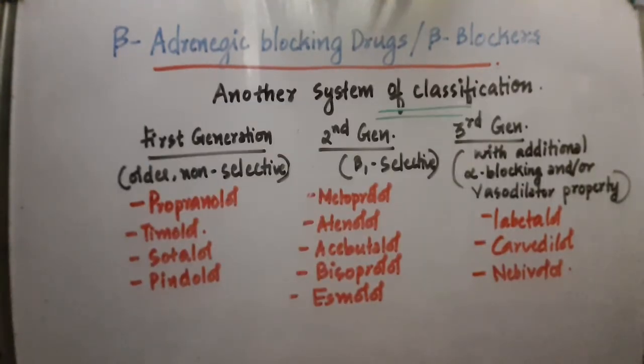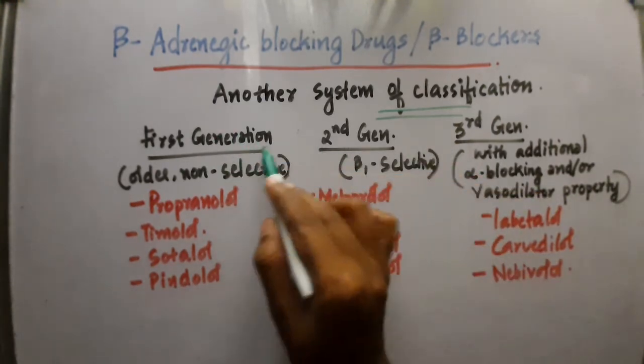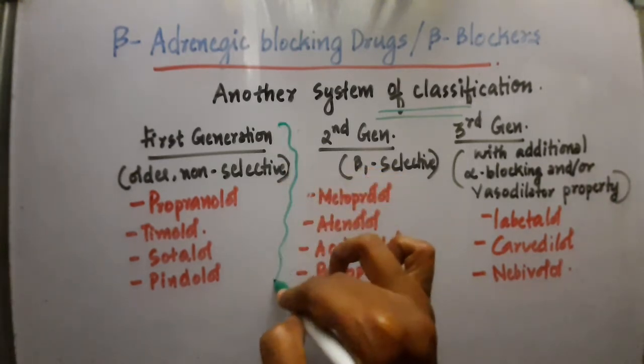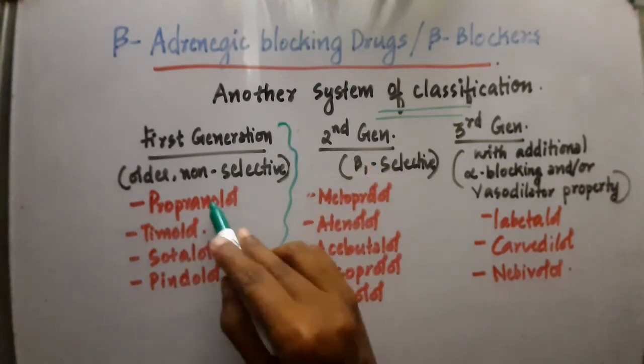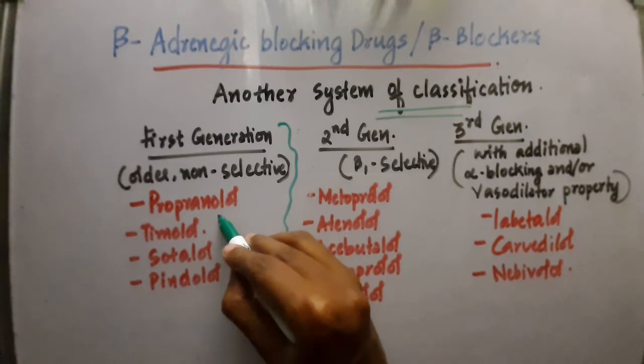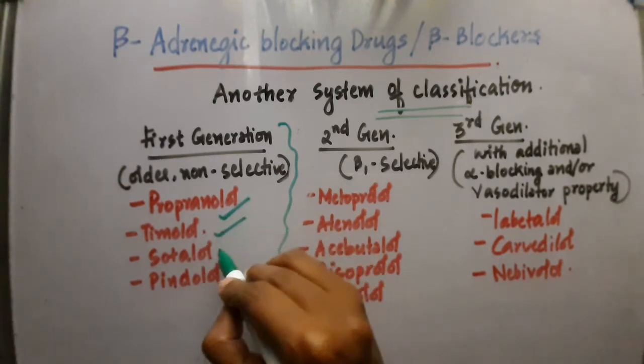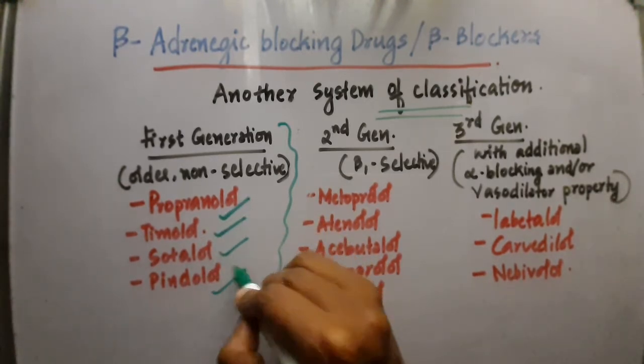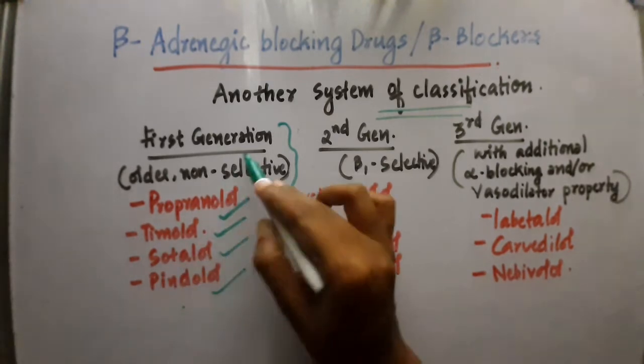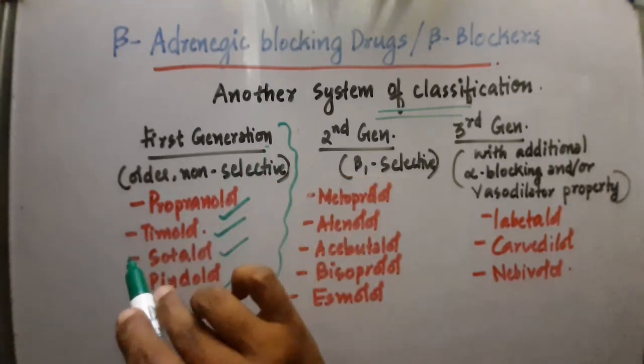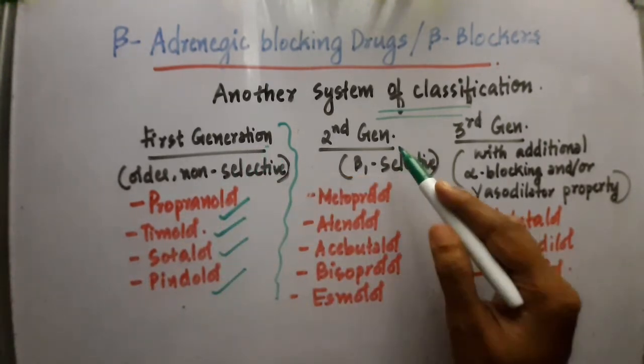Now let us study another system of classification of beta blockers into three generations. So first generation, it is older and non-selective, and the drugs under that class are propranolol, timolol, sotalol and pindolol. These four are the ones that come under the class first generation. Now let us see second generation.